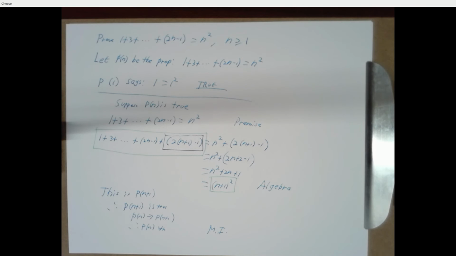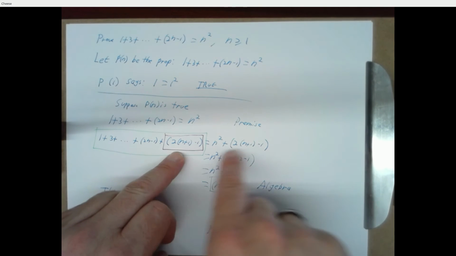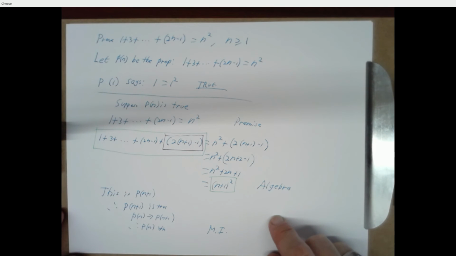Good. So we don't have to do the ignore part. We can just do it like this. The ignore part's for you, but that's if you're not sure what you should be adding to both sides. You're allowed to look at what P(n+1) says, and sometimes that gives you a hint.